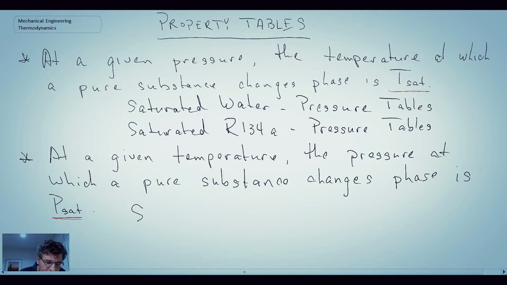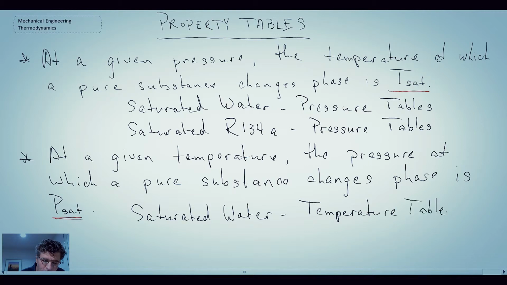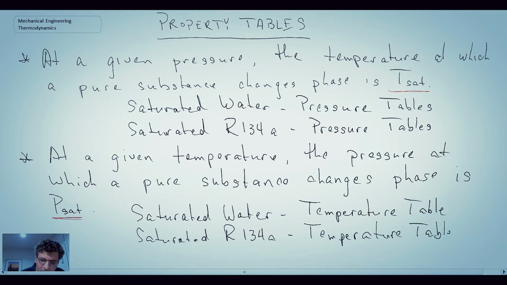So again, there would be a table for saturated water. However, we would call these the temperature table. And you could have saturated R134A, and again, you'd be looking at your temperature table. So you may want to look in the back of your thermodynamics book and look for these tables.